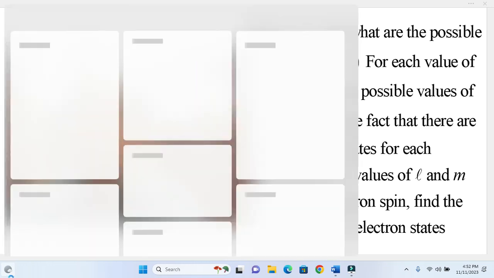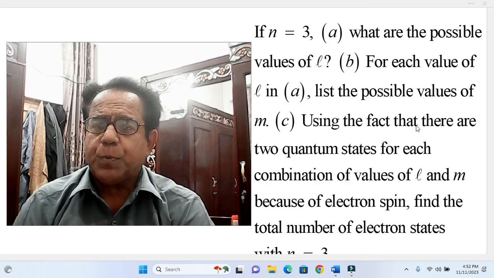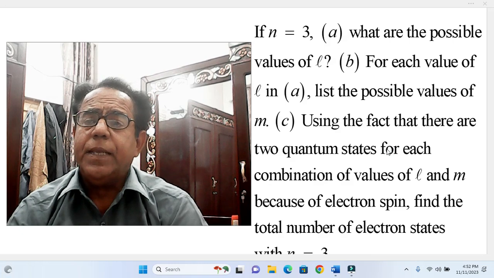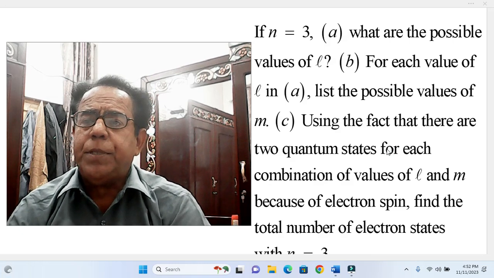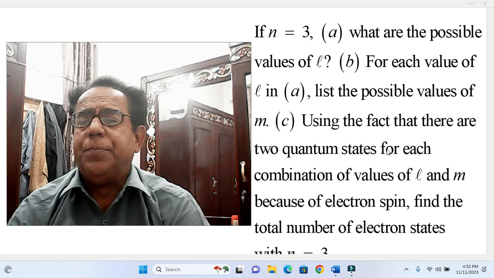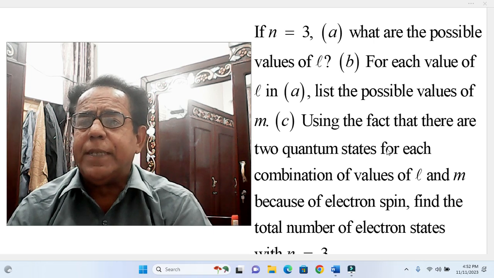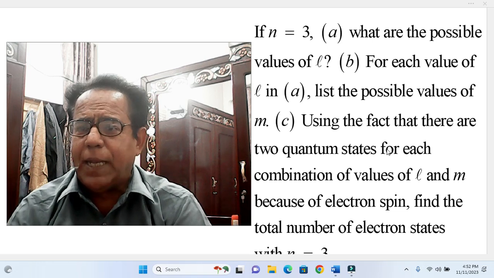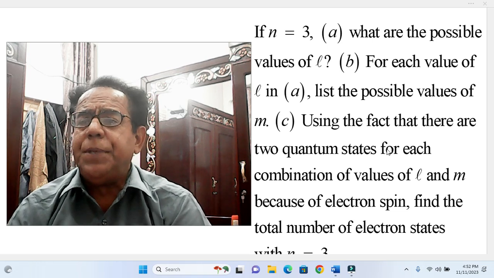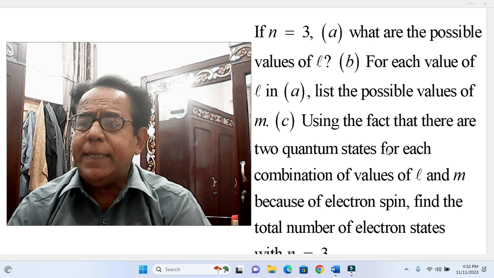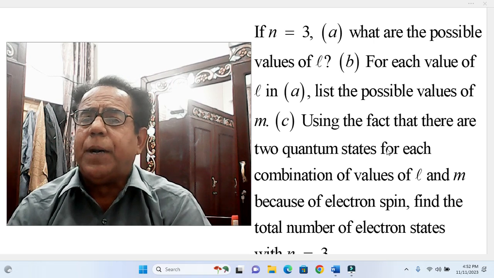If n is equal to 3, part A, what are the possible values of small l? Hereinafter we will explain what is small n and what is small l. Part B, for each value of small l in A, list the possible values of small m.